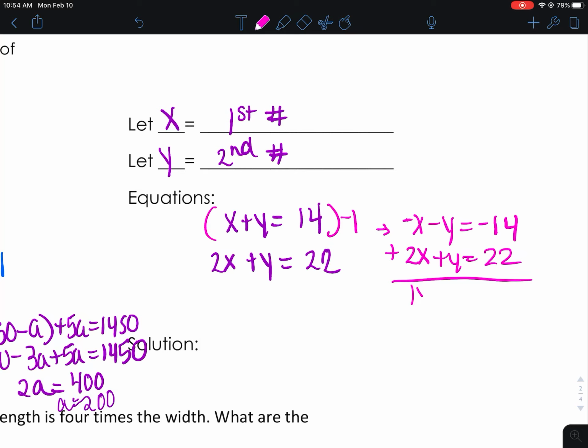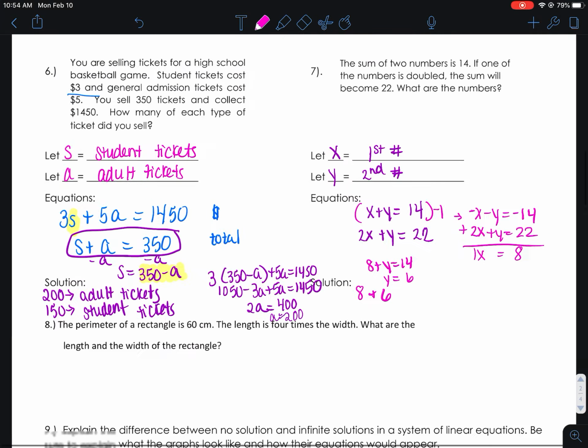So that's going to be a 1x, or just x, that deletes out, and then that would be 8. So therefore, one of the numbers is 8. And the other number, we can easily plug in. So 8 plus y equals 14. So y is equal to 6. So those are the two numbers for that one.